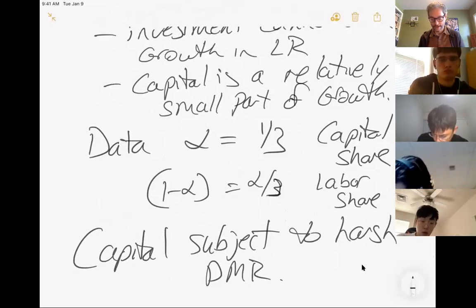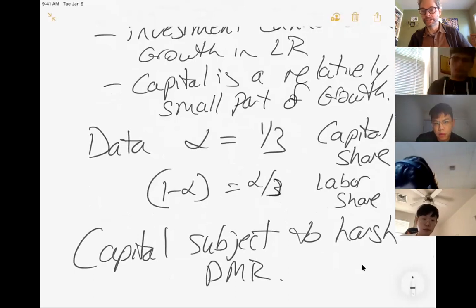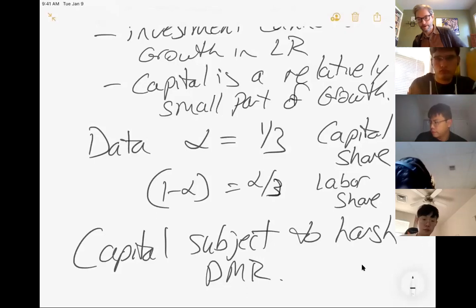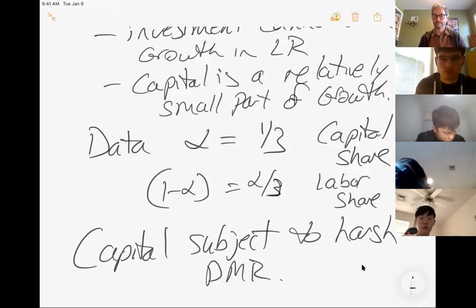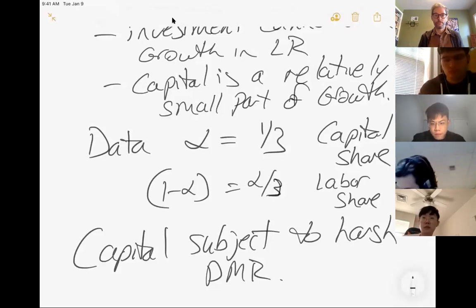We see that in the data. So why don't we take a break here, and then I want to talk about what the data actually shows us about how important capital is relative to labor, relative to productivity, okay? So let's just keep a pretty short break because we don't have that much time, so maybe like 10-10, right? So take a 5-minute break, and then we'll come back and we'll talk about growth accounting. Okay, see you in a couple minutes.